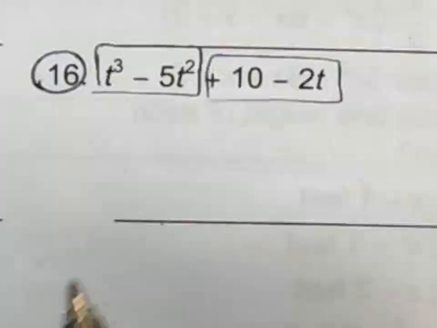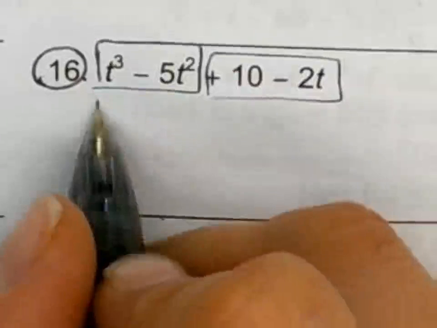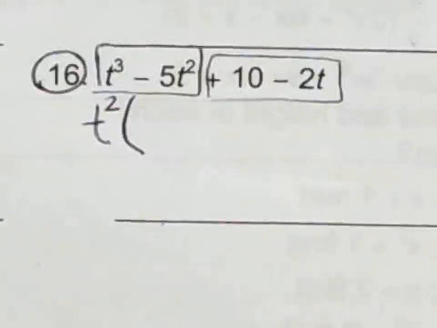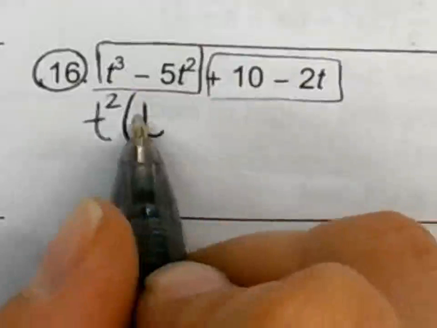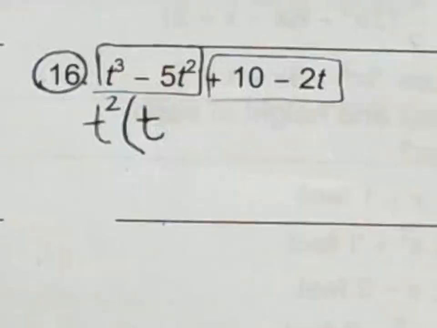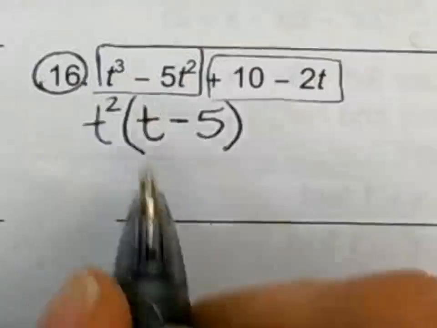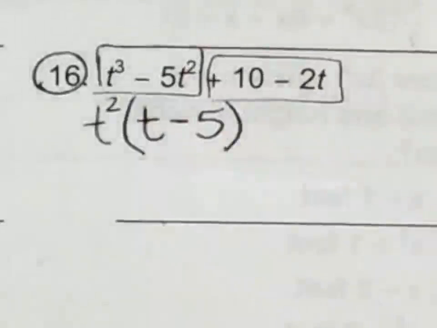They don't both have a 5 in common. T squared. T squared times what is t to the third? Times t, right? T squared times what is negative 5t squared? Negative 5. So this would be t to the third minus 5t squared.